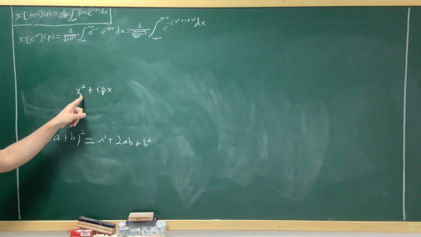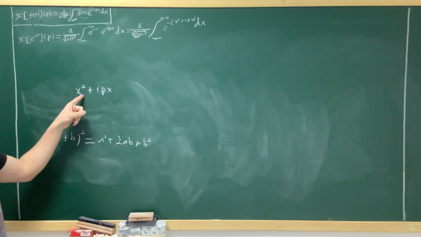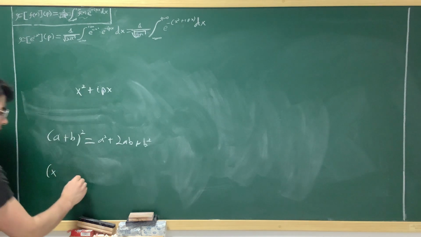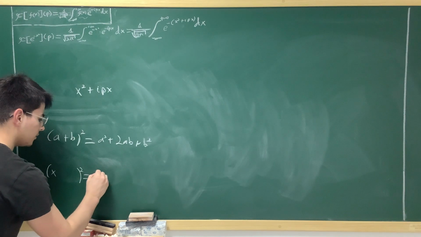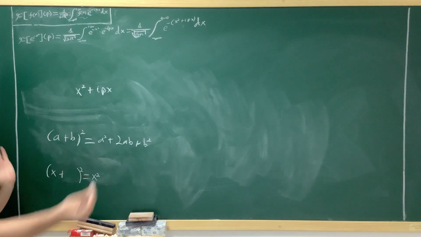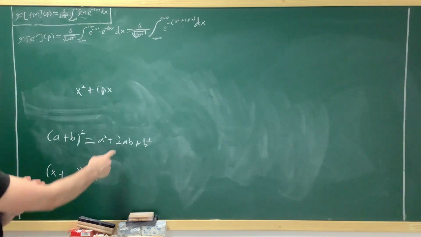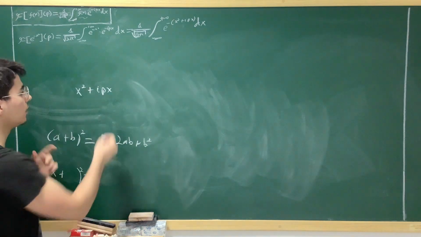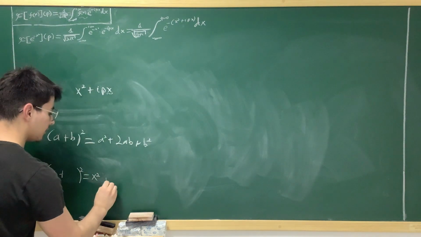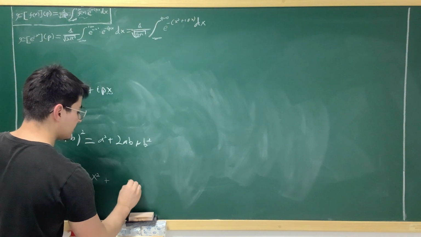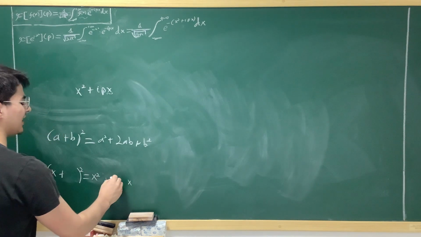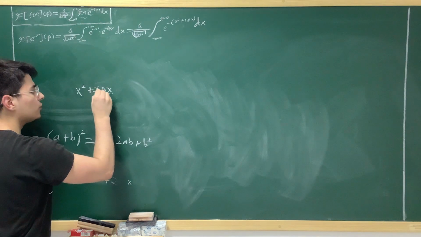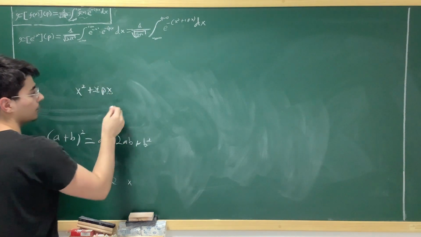Notice that here we have something squared, so we can say that x is a, because we have x squared plus something we don't know yet. The next term should be 2ab. We have a multiplication, and this is a, so we have our a, which is x, but we need a 2 here. How do we get a 2 here? Well, we just multiply by 2 and divide everything by 2.